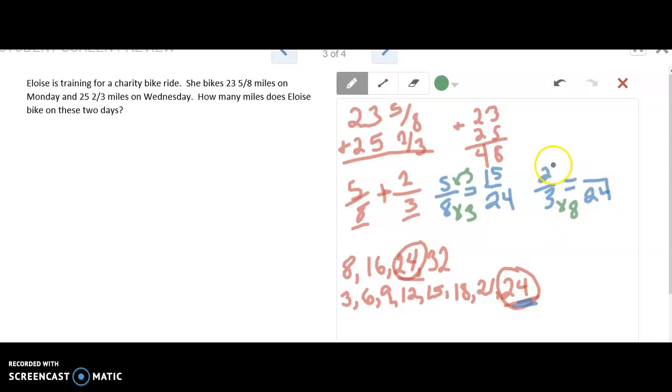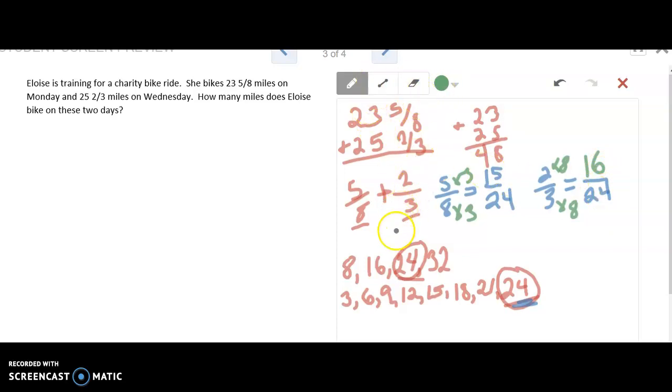And whatever I do to the denominator, I have to do it to the numerator. Don't want to make them sad and leave them out. So I'm going to multiply my numerator times 8. 2 times 8 is 16. All right. I have the equivalent fraction of 16 over 24.